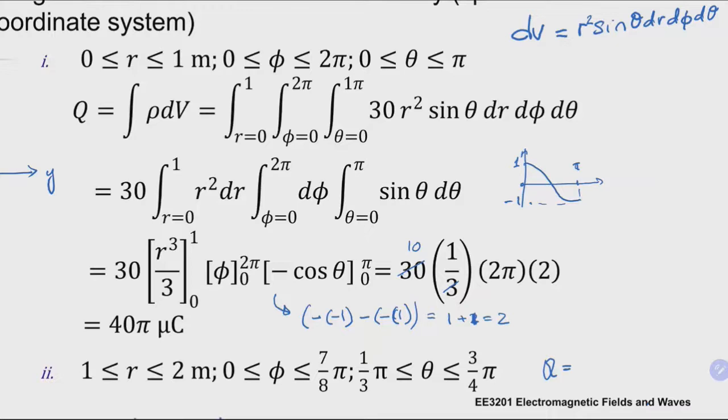First Q. Anyone solve it? So it should get about 74 pi microcoulombs.